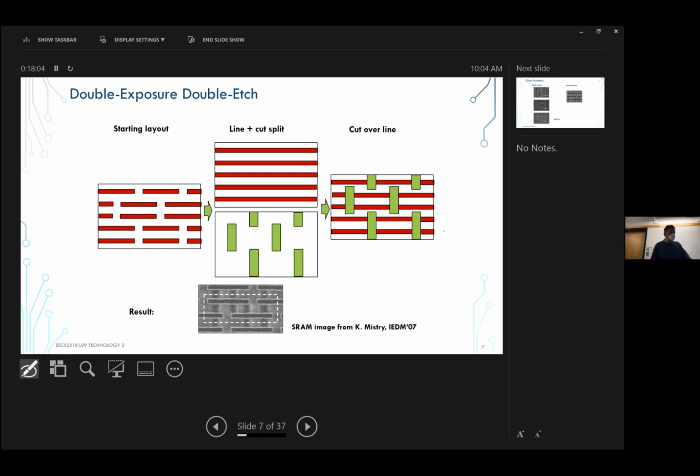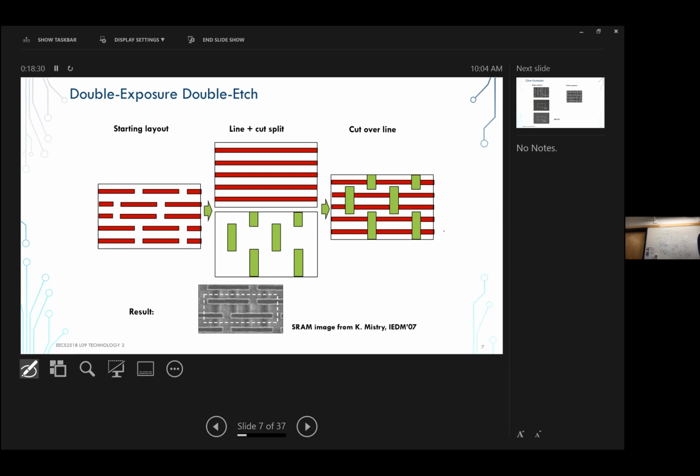So double exposure, double etch is what is being done here. What is the implication of this? What's the implication to the designer? Designers mostly did not see this.